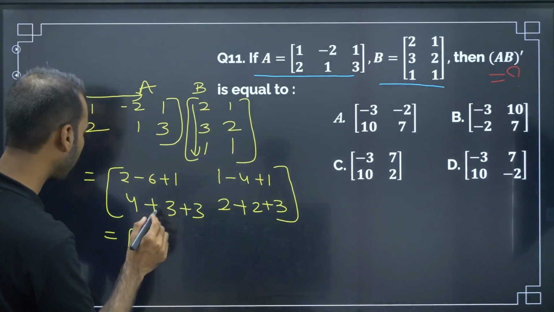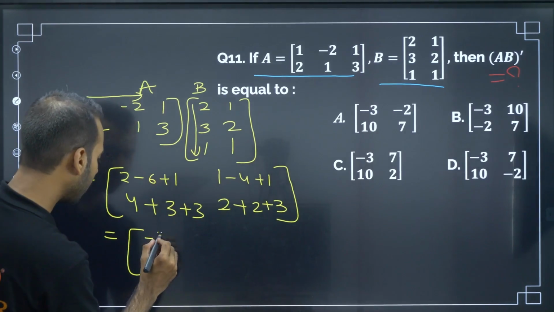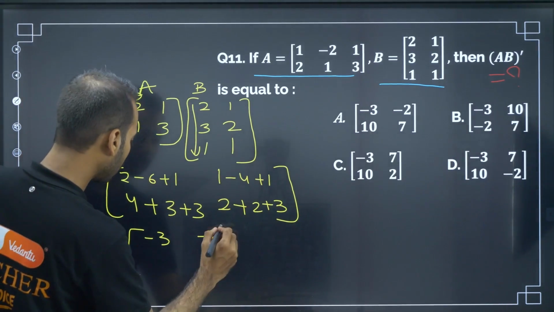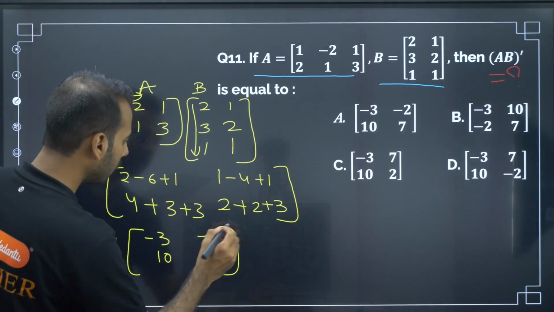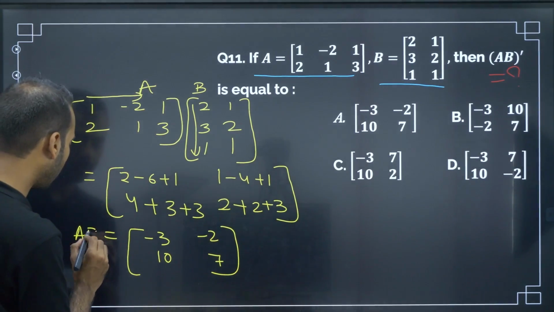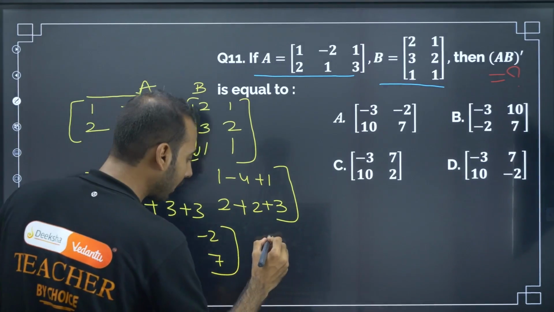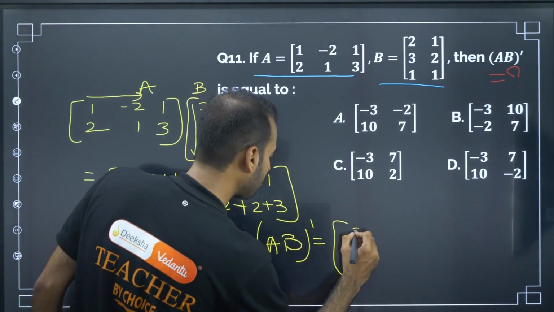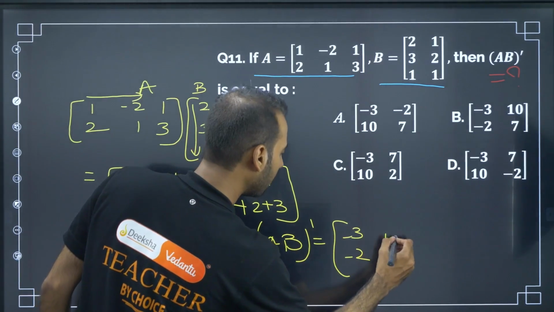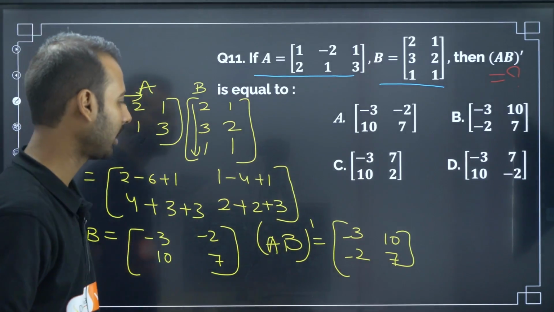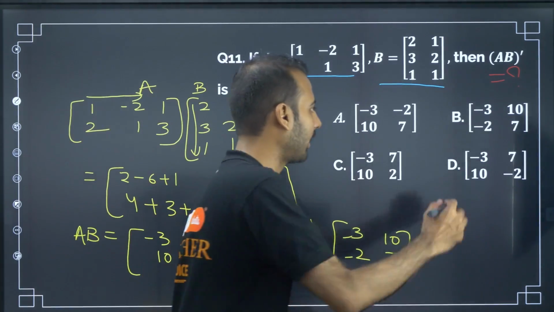So here we are left with 3 minus 6 is minus 3, minus 3. 2 minus 4 is minus 2. 6 plus 1, 10. 2, 4, 3, 7. Now this is AB, but they don't want AB. They want (AB) dash. So if I take transpose, minus 3, minus 2, 10, 7. Change row to column. So is there any such option? Minus 3, minus 2, 10, 7. Yes, B is the answer for this.